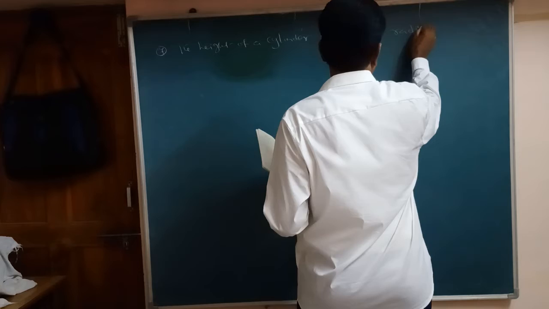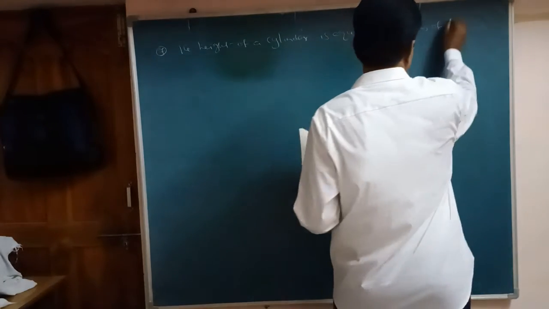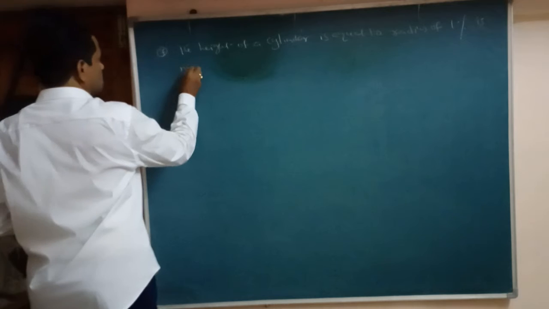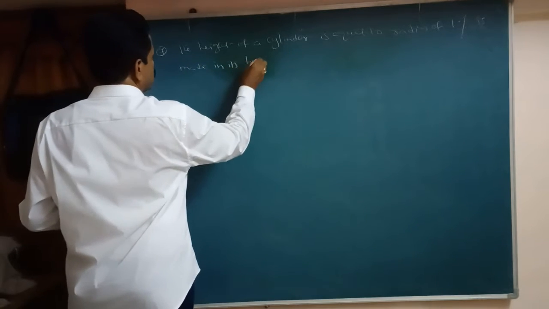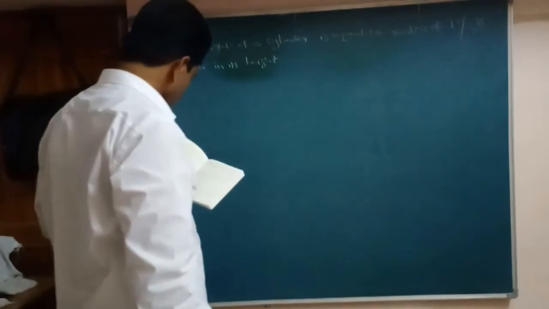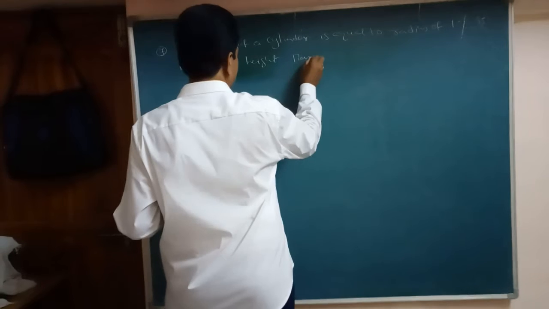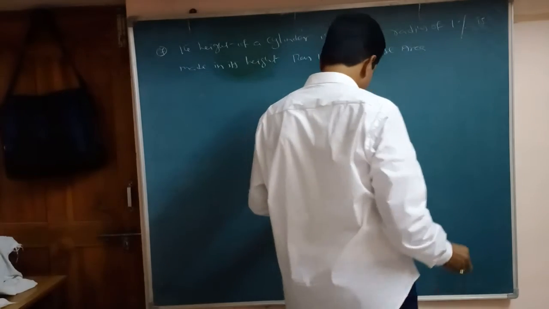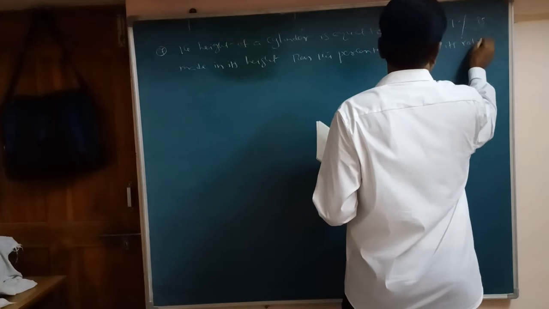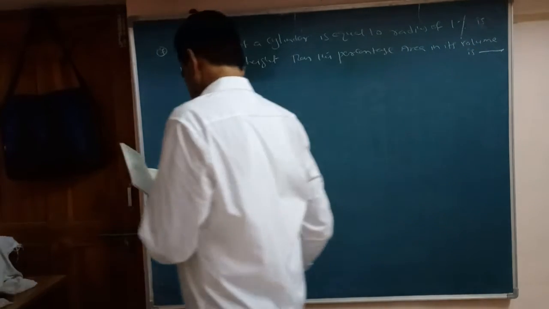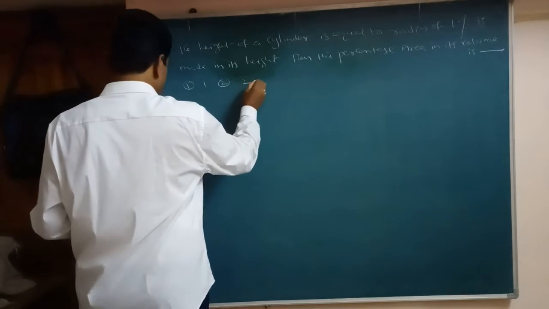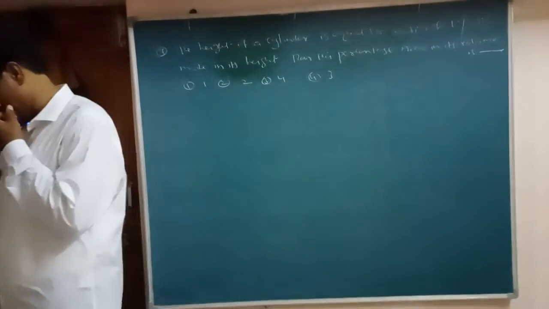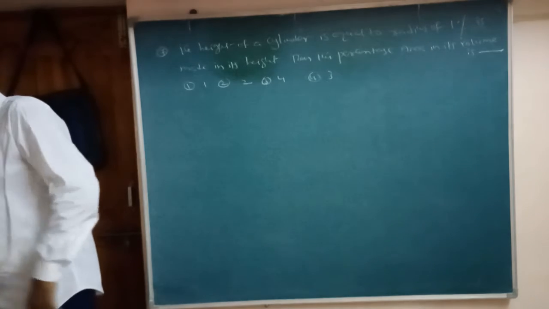If an error of 1% is made in its height, then the percentage error in its value is, first option 1, second one 2, third one 4, fourth one 5.